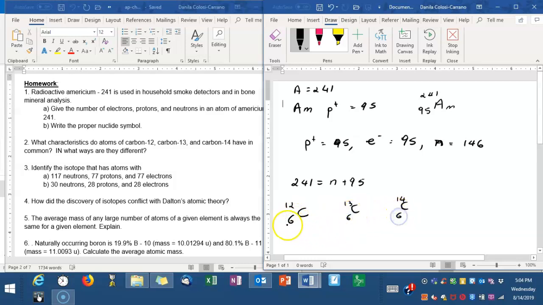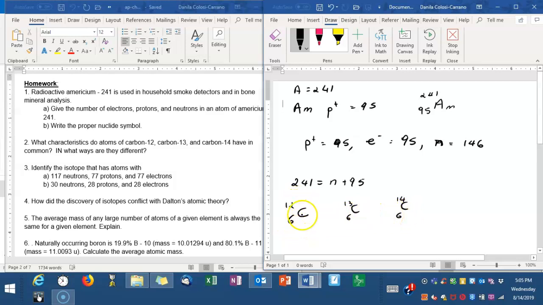So as you notice, all of them are identified by the same number of protons, which identifies them as all carbons. If this was 5, it would not have been a carbon, it would have been a boron. If it was 7, it would have been a nitrogen instead. But because it's 6, they are all carbons.